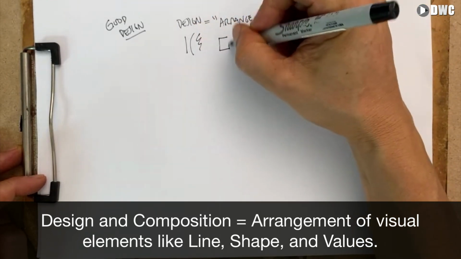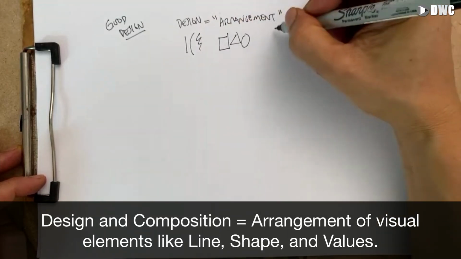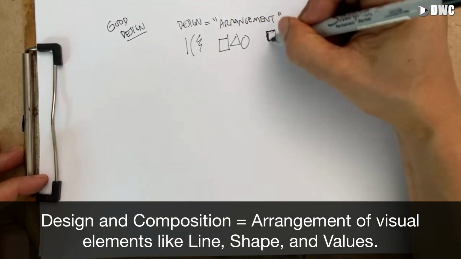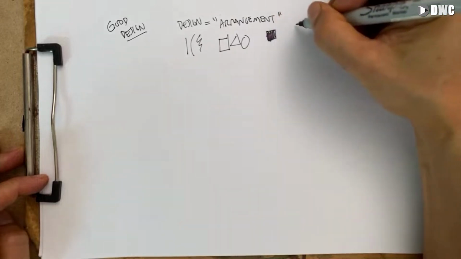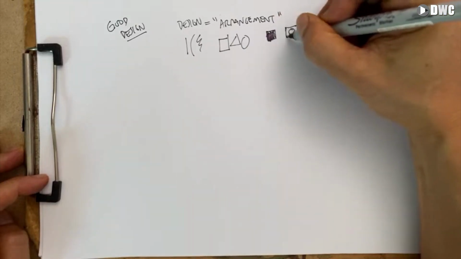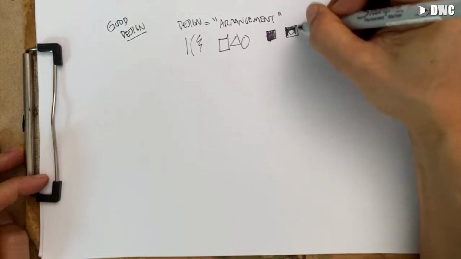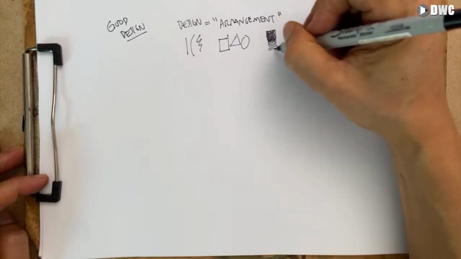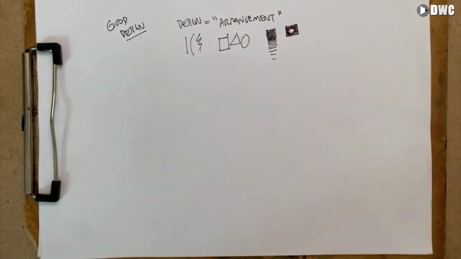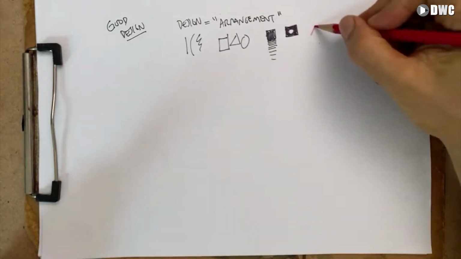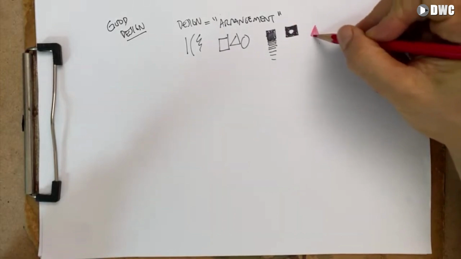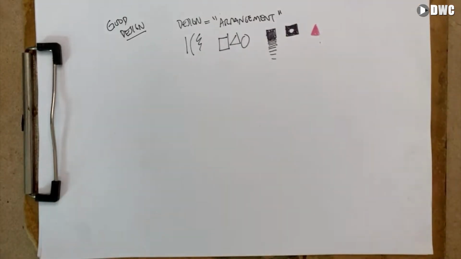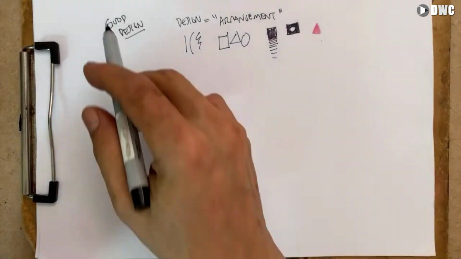We have shapes. We have tones. Tones, gradations, tone masses. Obviously, we have color too. But we're not going to talk about color today. We're going to talk about line and shape, specifically abstraction.